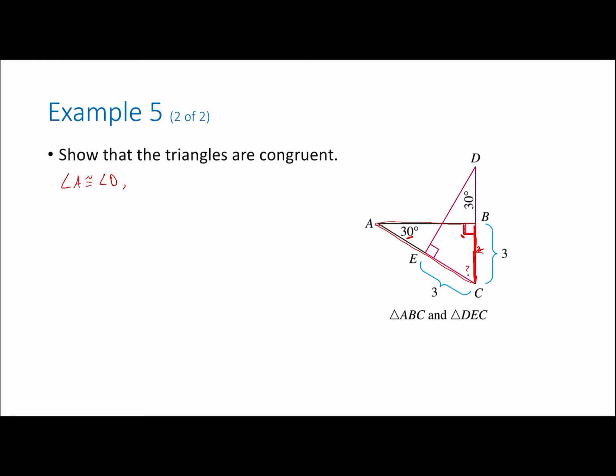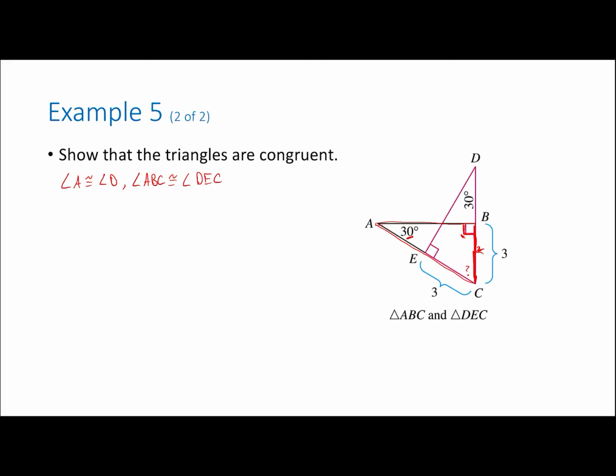So what I'm going to do is look at this and say, well, angle A, and we only have to use one letter because there's only one triangle and one angle at that point. Angle A is congruent to angle D. We know that, right? They're both 30 degrees.